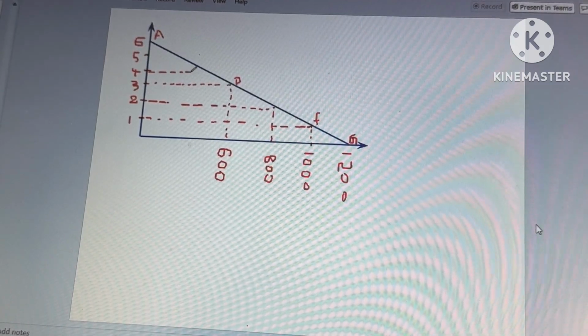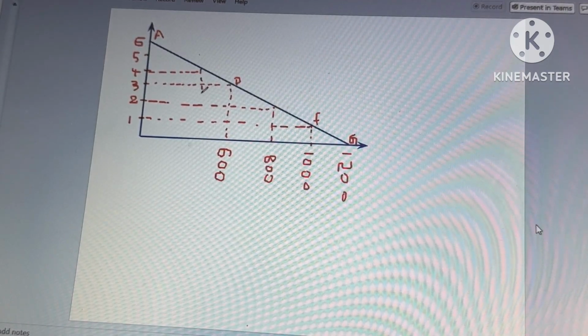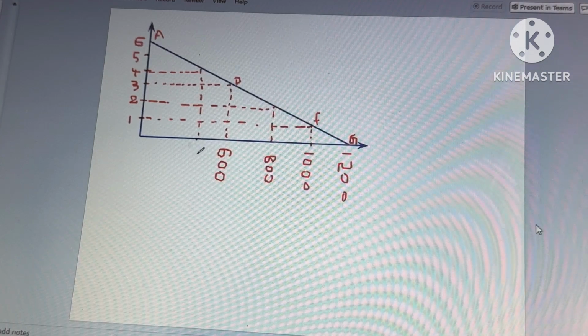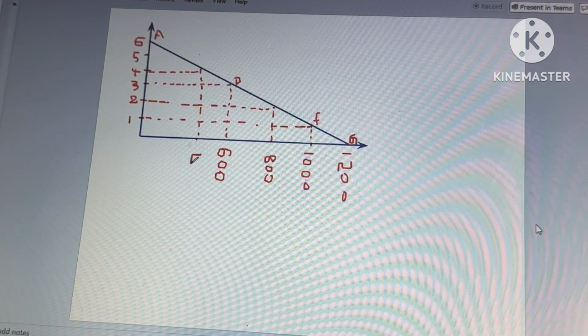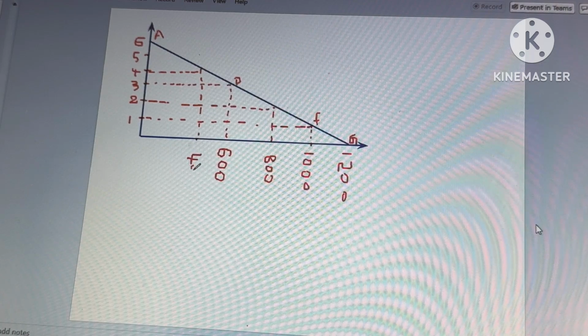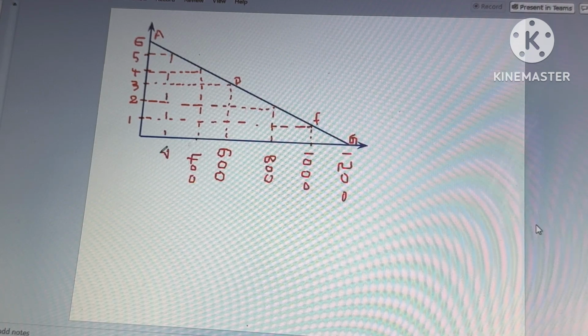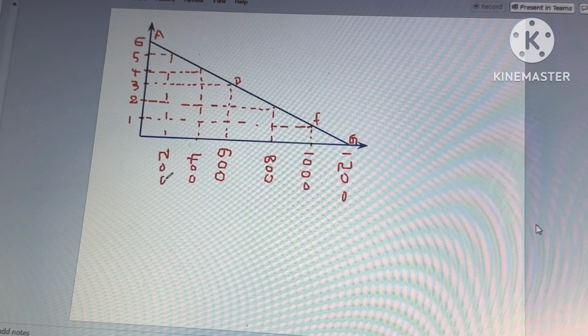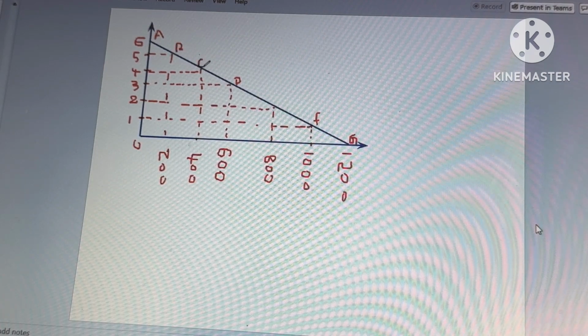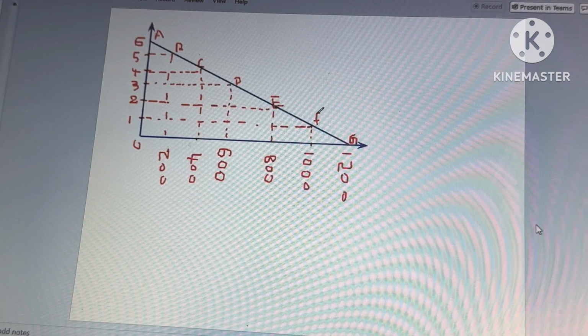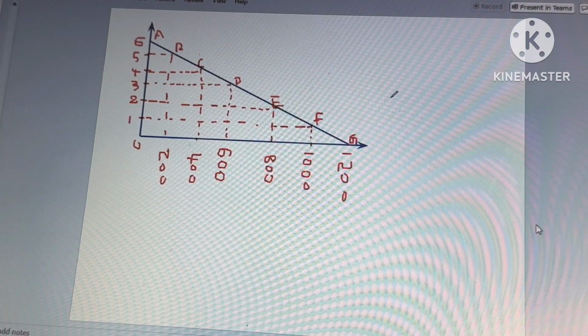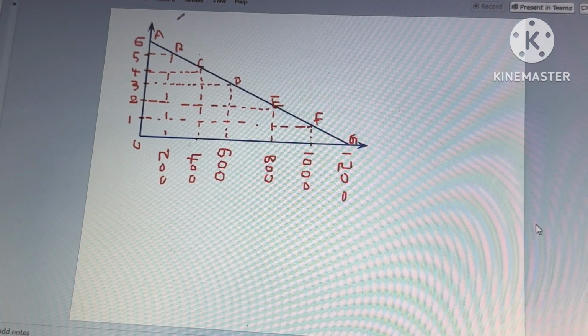At 4, it is 400. At 5, it is 200. This is point B, C, D, E. This is F, G. Right? Now we got the answer here is infinity.